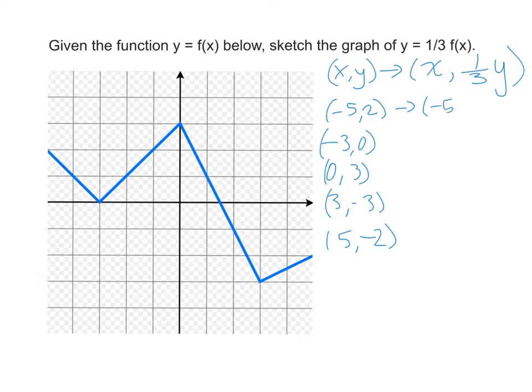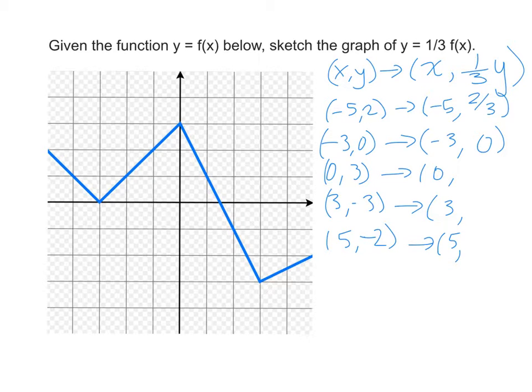So this is still going to be -5. This is still going to be -3. This will still be 0, 3, and 5. The y values, we multiply them all by 1/3. So the 2 will transform to 2/3. The 0 will stay as 0 because you multiply by 1/3, it's still 0. The 3 will change to 1. The -3 to -1, and the -2 to -2/3.